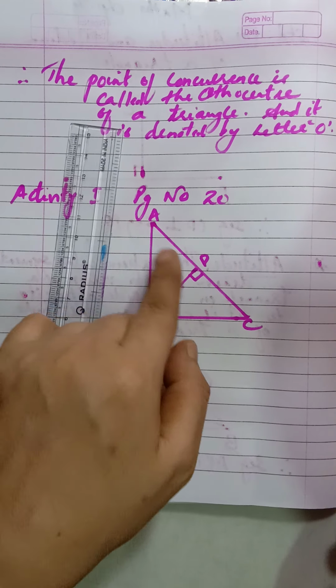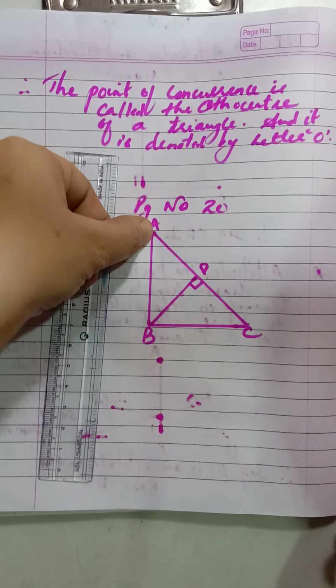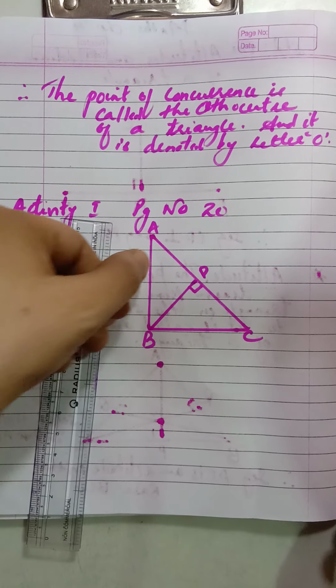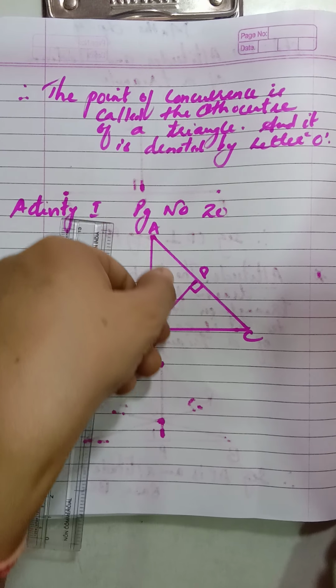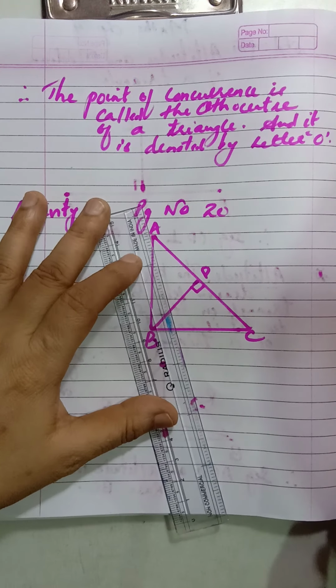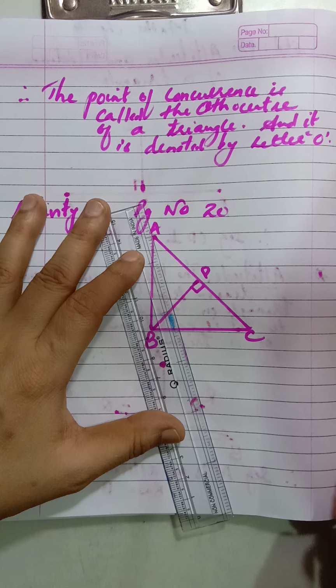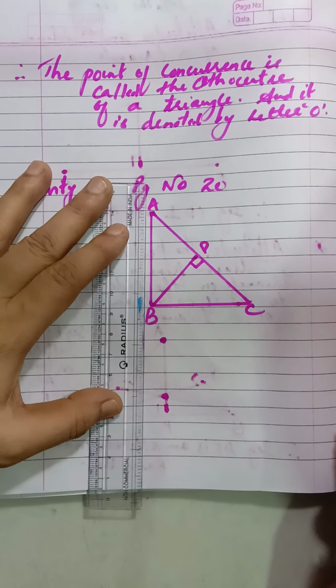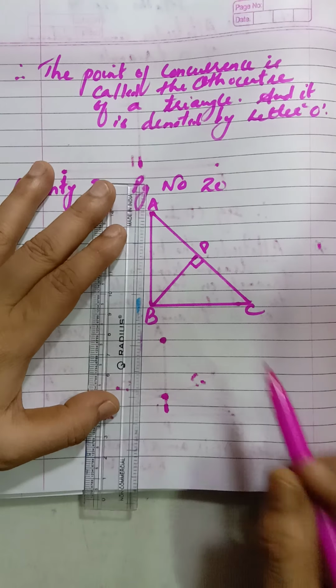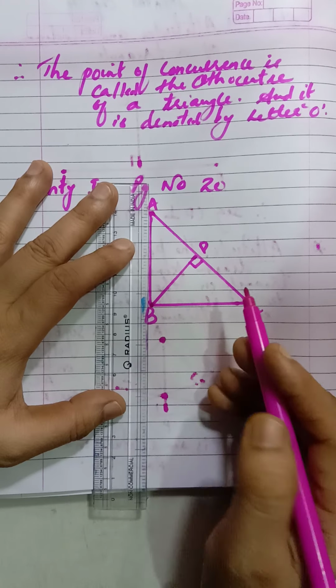Already a perpendicular is drawn, yes or no? Here we cannot draw it this way, because whatever we draw at other points will not be a perpendicular, right? So from the vertex A, this side is your altitude.